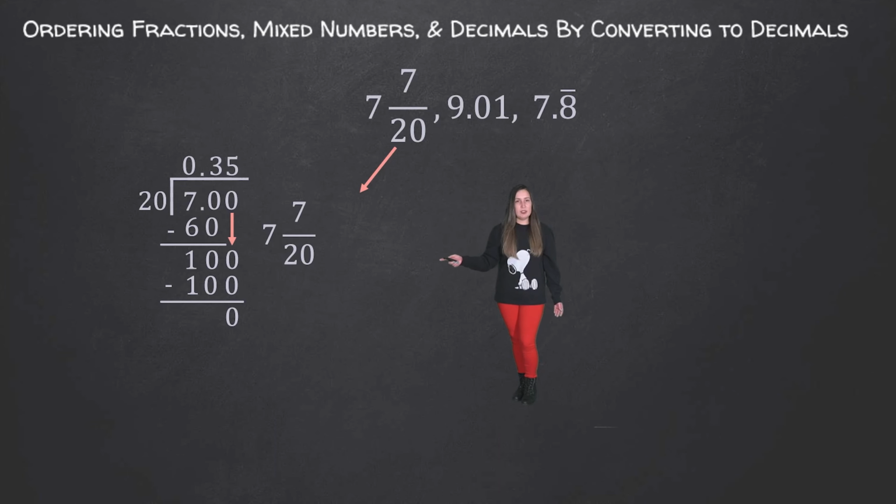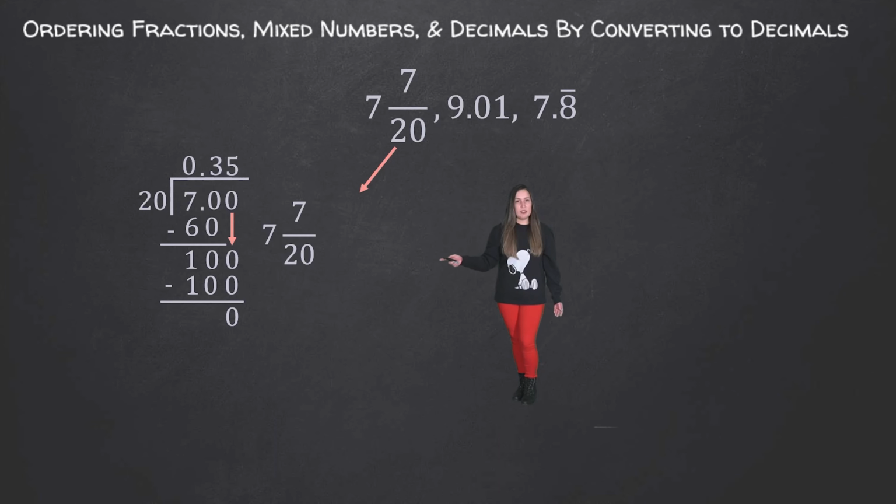So we have our ones place, our tenths place, and our hundredths place. In our ones place, we have 7, 9, 7, automatically making that middle number our greatest value. So let's compare the top one and the bottom one.